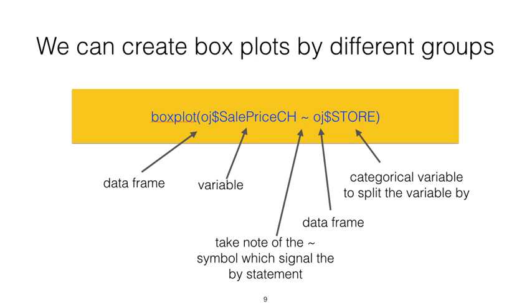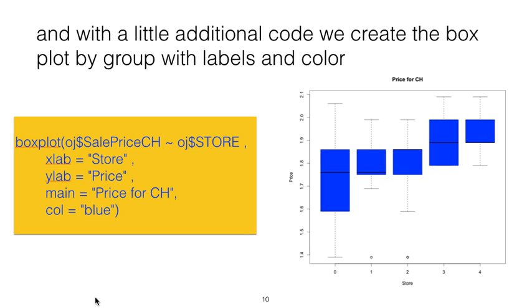Now, how do we do this by something? Same boxplot, price by store. Note this little symbol here. And that's all the code you need. So what would the output look like? It would look something like this box plot, where we have the price of Citrus Hill by store 0, 1, 2, 3, and 4. And here we can actually make some inferences, because remember that the median is half of the time.